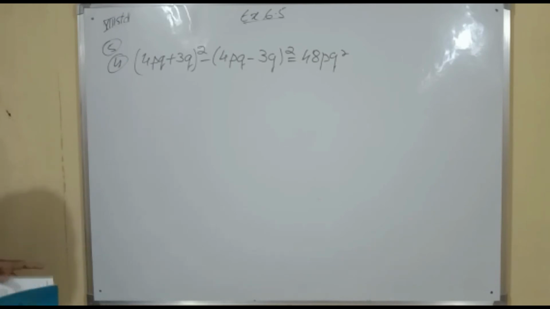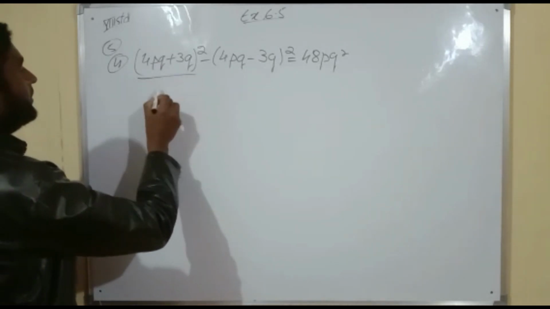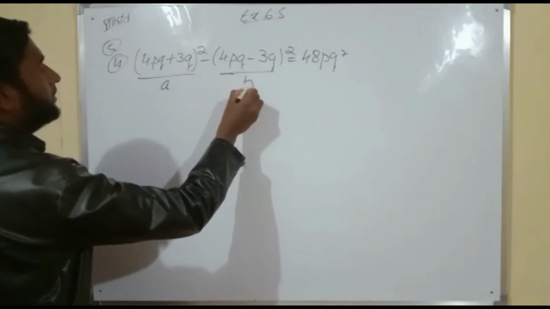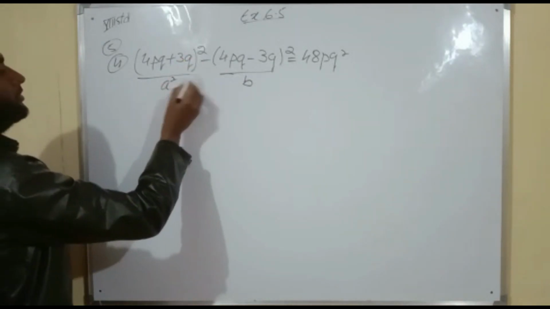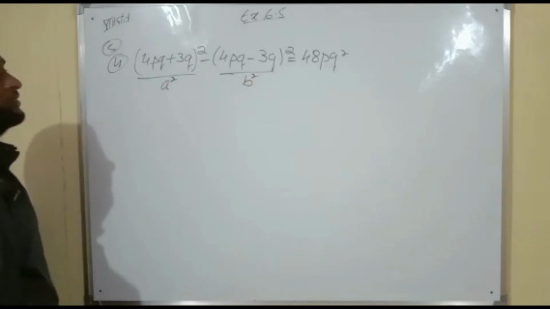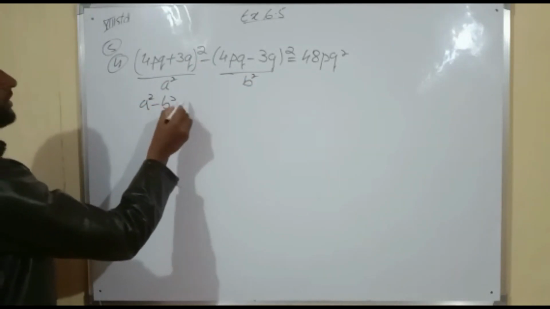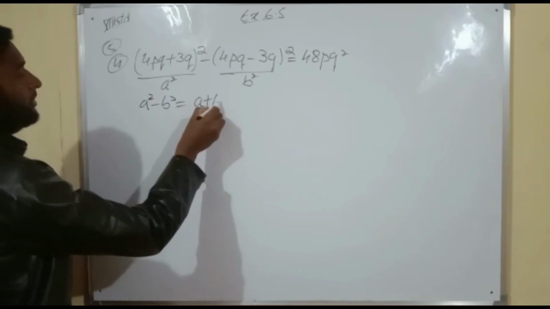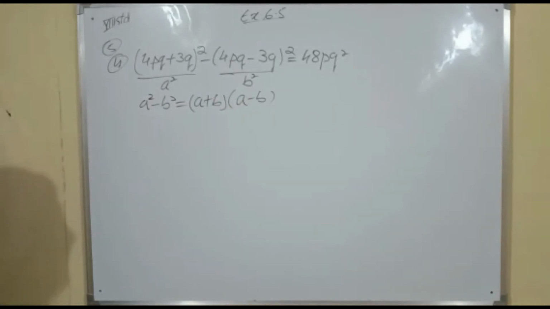It is in the form a square minus b square. As you know, the standard identity a square minus b square is a plus b into bracket a minus b.